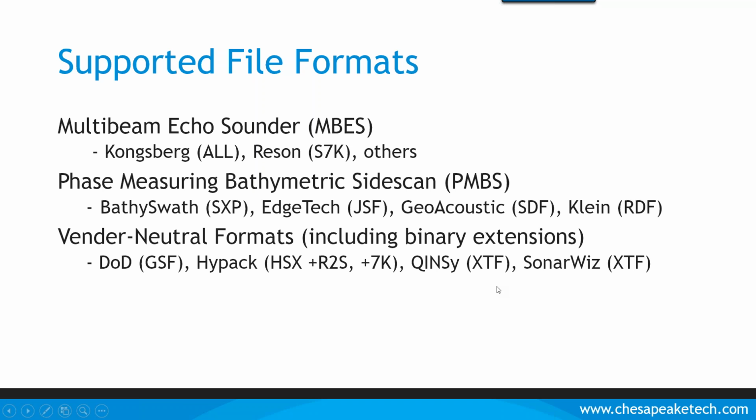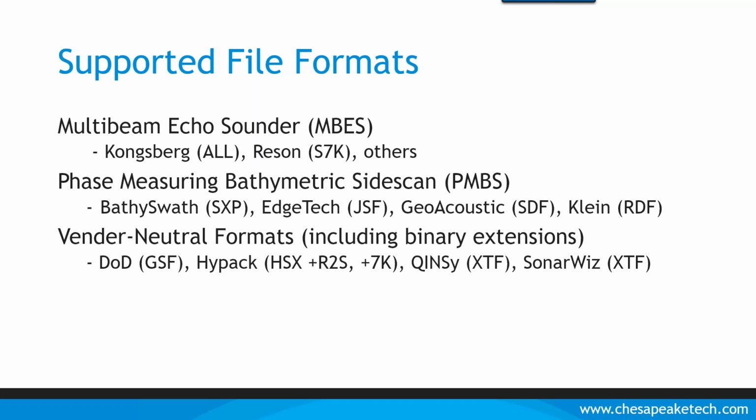And like I said, when we start supporting a new sonar, our preference is to support the vendor's format. We feel this is easiest for us to get good results from, rather than doing an export from the vendor format into an acquisition package format.